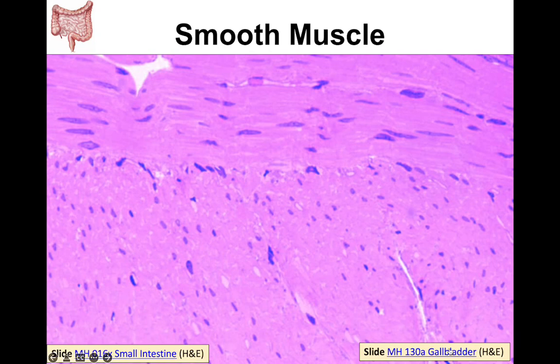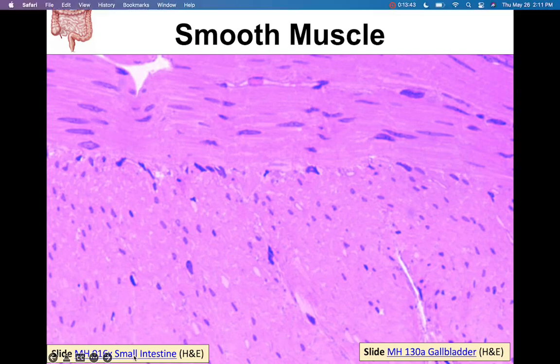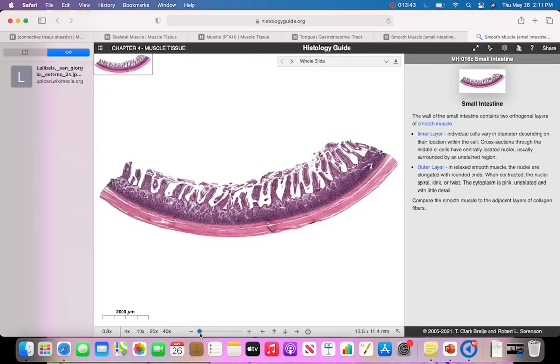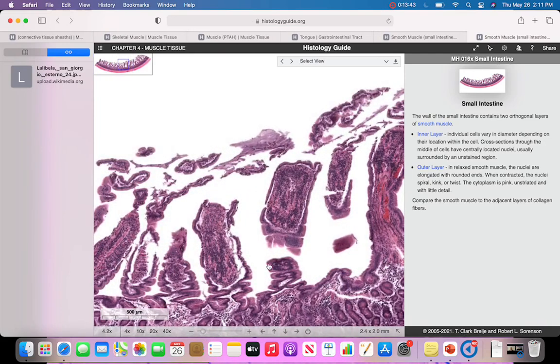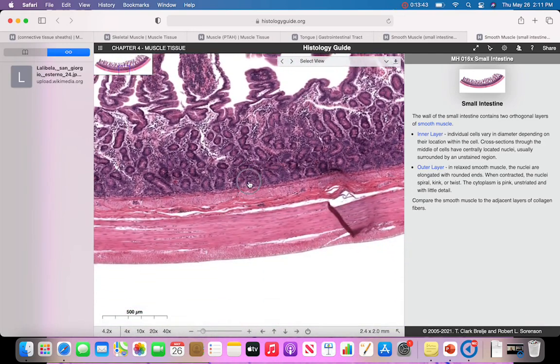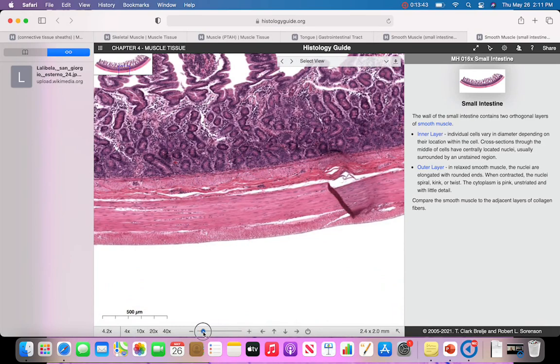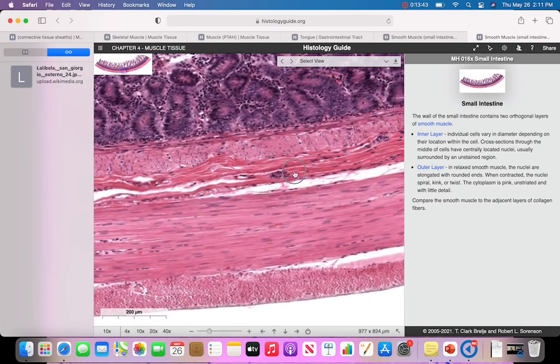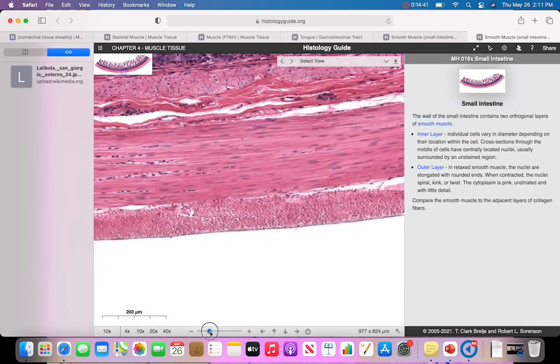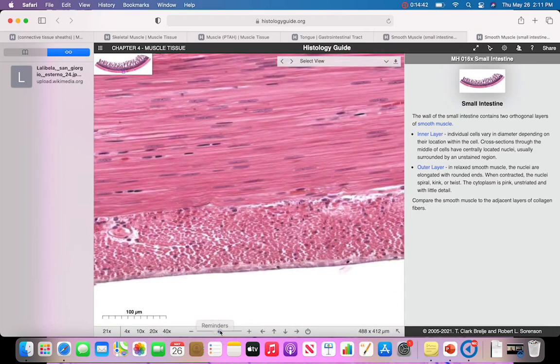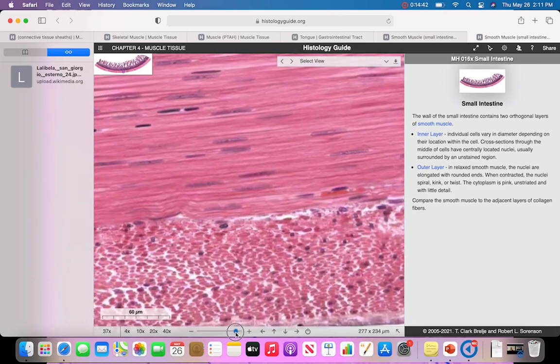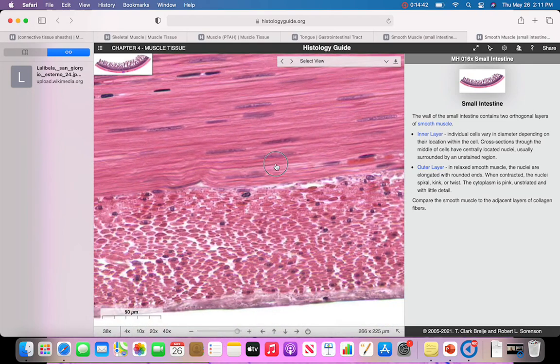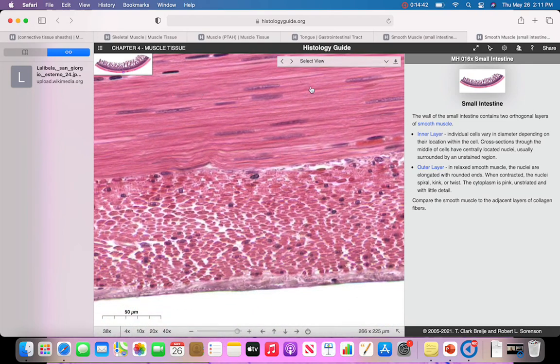So now let us see some slides from our slide pack. So first let us see small intestine. Small intestine contains both transverse and longitudinal sections of smooth muscle. In the outer part, in the muscularis externa of small intestine, we have these two sections of smooth muscle. Here we have a longitudinal section, and here there is a transverse section.